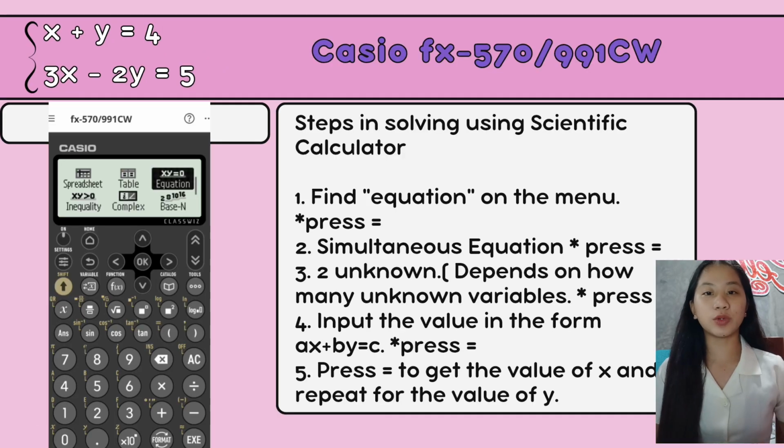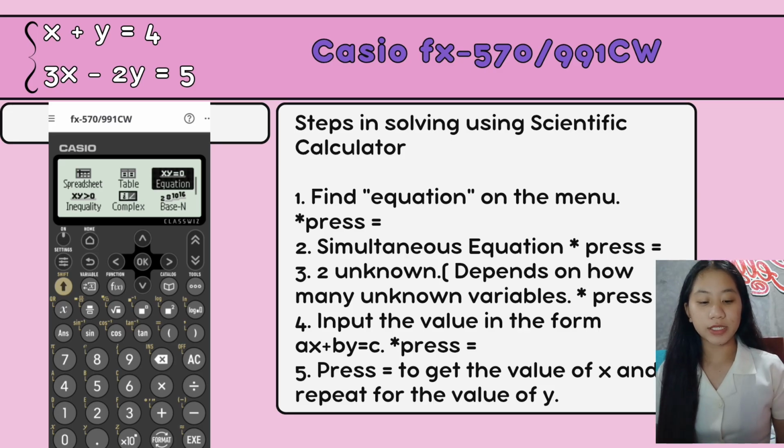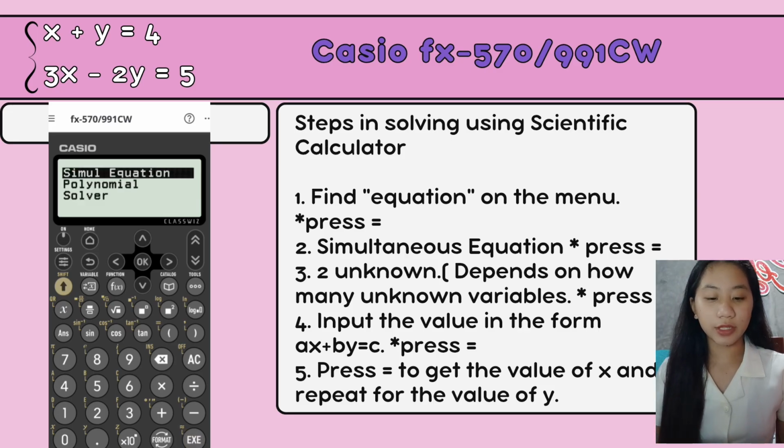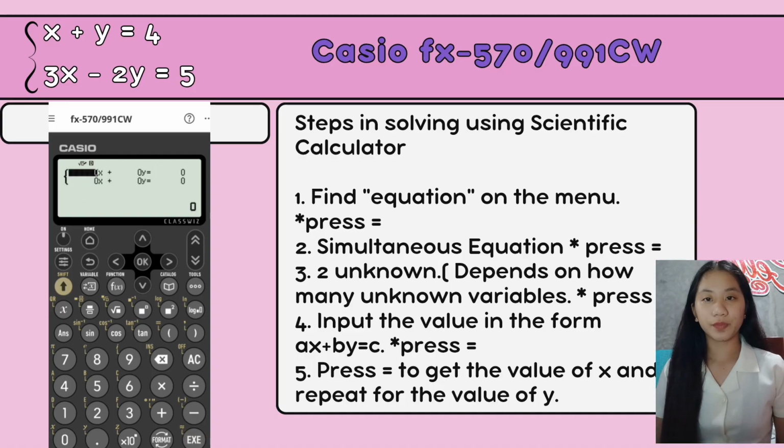Now, let's try to input it to the scientific calculator. Again, find the equation, press equal, simultaneous equation, and since we still have two unknown variables, press two unknowns, equal, and then input the given values.